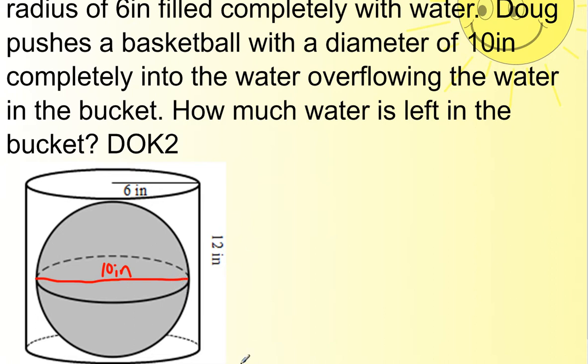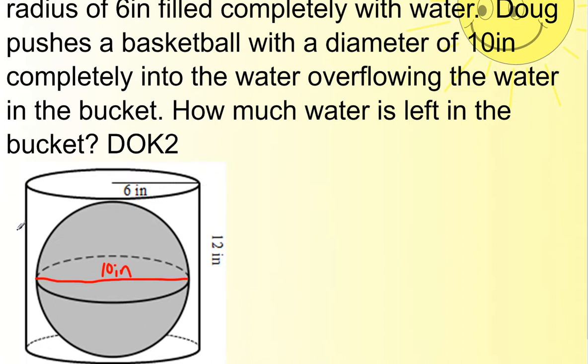So let's see. What are we trying to measure? We are measuring how much water is left in the bucket. What shape would that water be in? Well, it would be the shape of the bucket. Water is the shape of whatever it fills. If you put water in a cone, water's in the shape of a cone. If you put water inside of a cube, the water's in the shape of the cube.